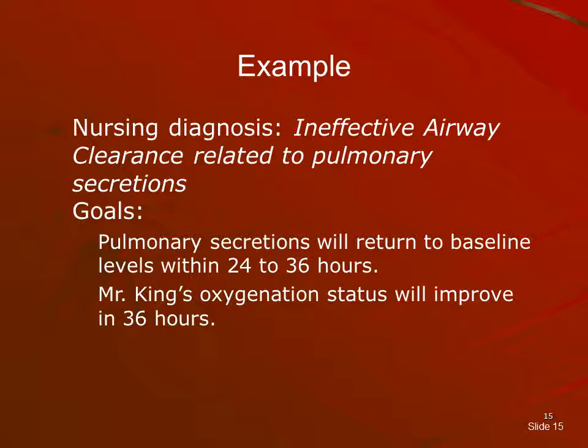Mr. King will be able to clear airway secretions by coughing in 24 hours. Mr. King's SpO2, or pulse oximetry, will be greater than 85% within 24 hours. And actually, that's pretty low, but remember, he does have COPD, so that might not be too low for him. And lastly, Mr. King's perceptions of dyspnea will improve.